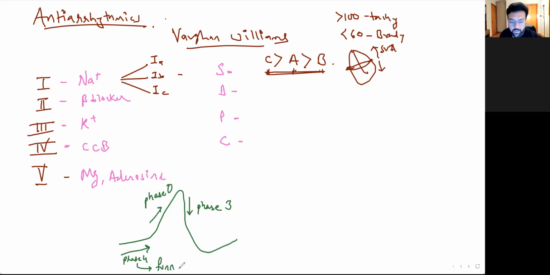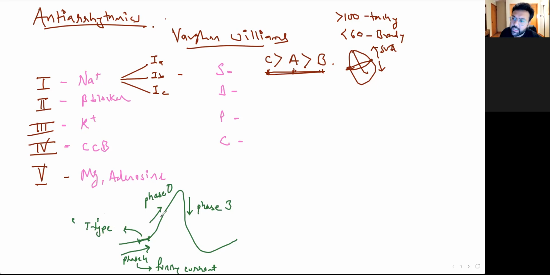Funny current, right? Yes, funny current. In the end part of phase 4, just a little part, as we talked about, is determined by one type of calcium channel, the T-type calcium channel. T means transient, a transient type calcium channel.